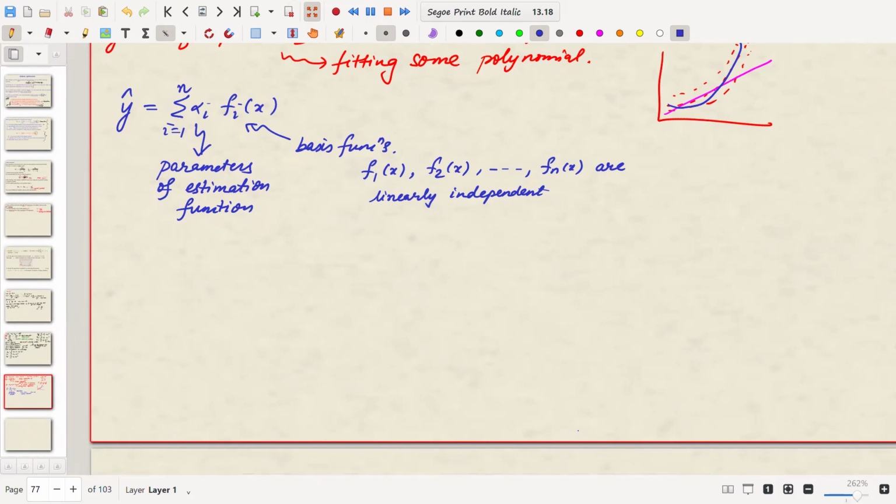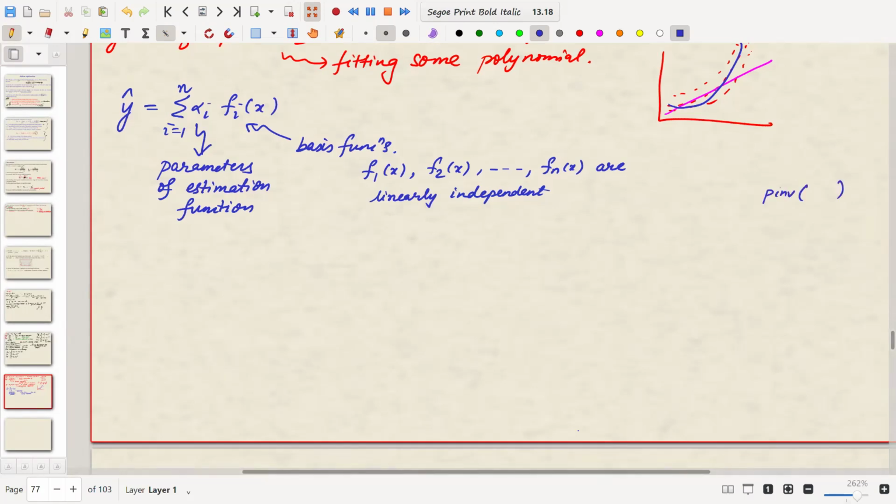Now we are slowly advancing towards linear algebra, which can give you a motivation for the pseudo inverse. It is useful in regression, and Python has a command, pinv, for the pseudo inverse. We are not working in simple linear regression right now, we are working in something more general.